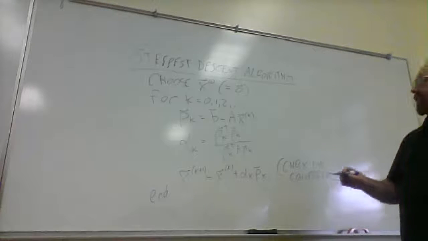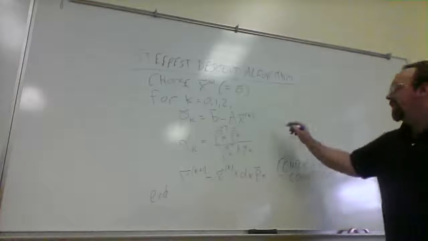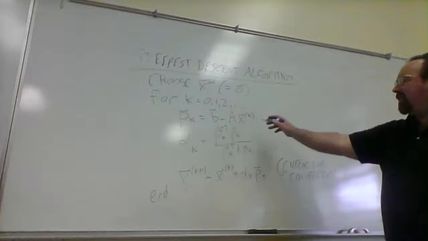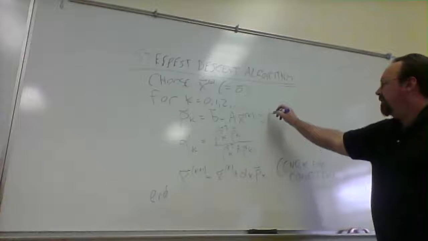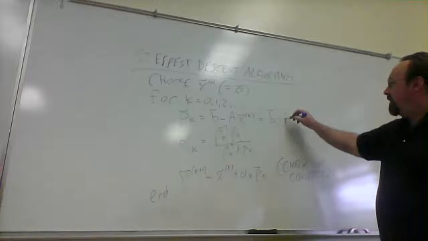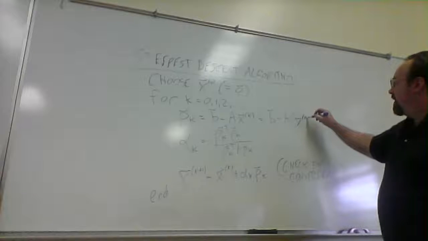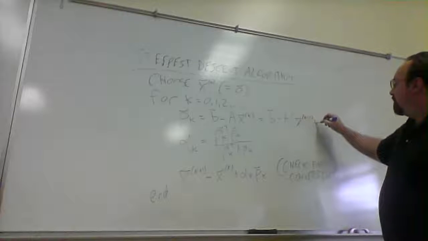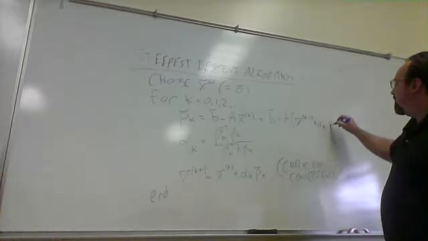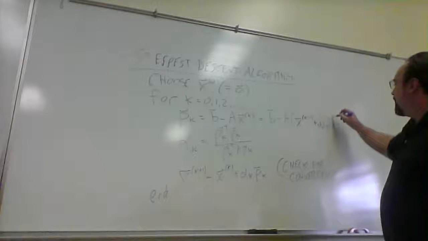Now, one thing to keep in mind is if I were to write this b minus A xk as follows, b minus A xk is b minus A times xk minus 1 plus alpha k minus 1 pk minus 1.